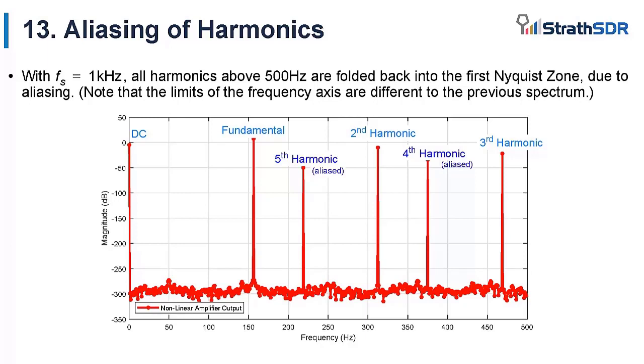If we wanted to extract the fundamental only and reject the harmonics, then we would actually require quite a tight bandpass filter here. You can perhaps also imagine a situation where the fifth harmonic, or one of the other harmonics for that matter, could end up extremely close to or overlapping the fundamental, and that would make it even more difficult.